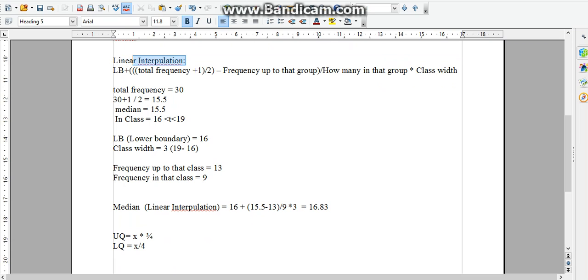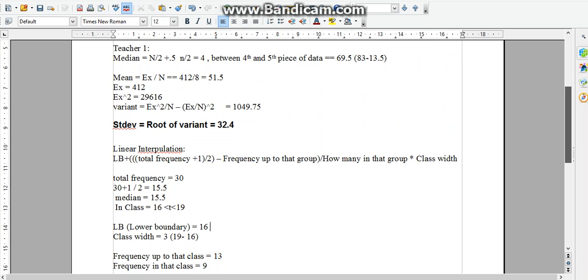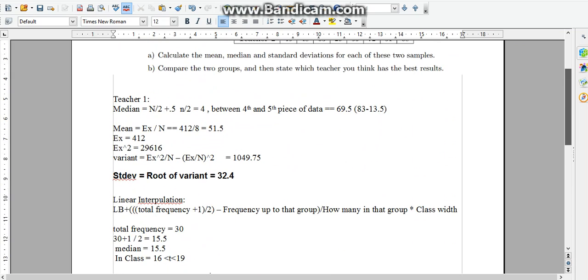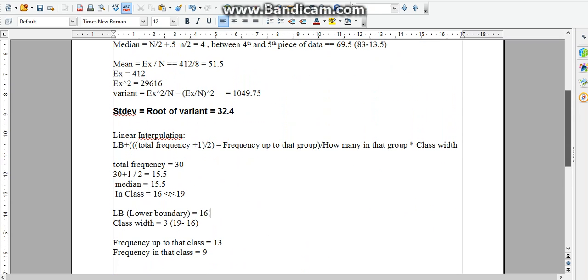So linear interpolation, and you can use this to find the median, the upper quartile and lower quartile, and stuff like that. So I've written up an equation here, but it's not very good. So I wouldn't recommend following it, since you're better off just remembering sort of what to do.